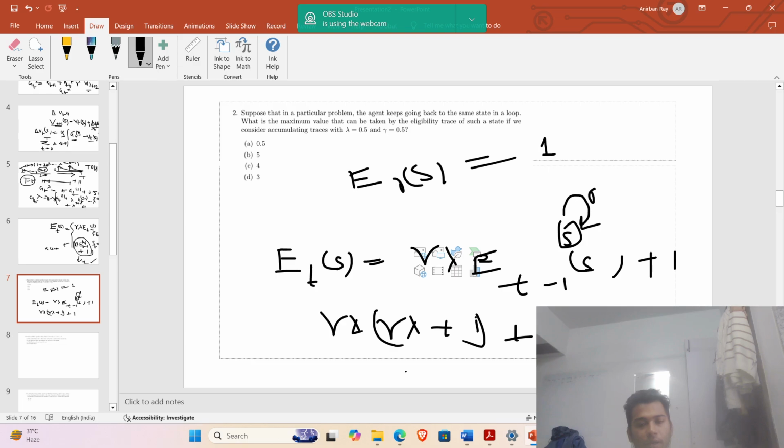So what you get here is 1 plus gamma lambda, up to the power t.